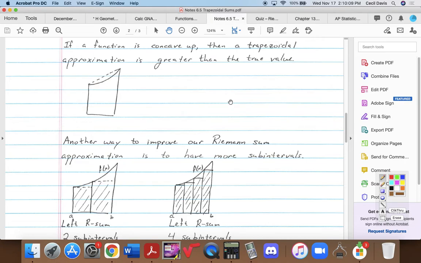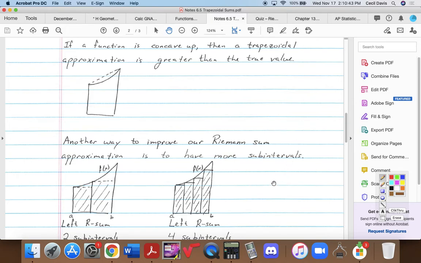If you have something that is concave up like this, the midpoint sum underestimates because there's more that it doesn't get than it got extra here. I think it's easy to see whether the trapezoidal rule over approximates or under approximates. It's harder to see the midpoint one on some graphs. This one's not too bad, but sometimes it is. I just remember that they're opposites.